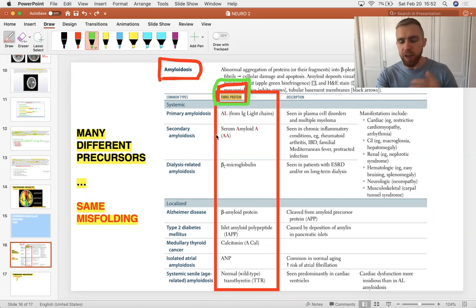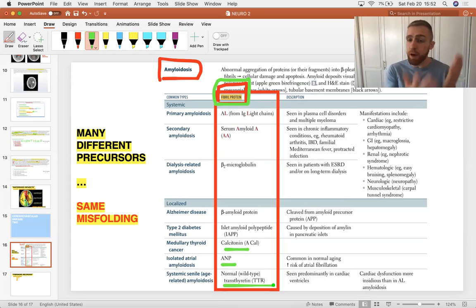What that means is that different proteins can misfold and give you amyloid, right? If calcitonin misfolds, it'll give you amyloid. If ANP, atrial natriuretic peptide, misfolds, that can give you amyloid. Maybe it's transthyretin, which has to do with the thyroid. Maybe that misfolds and gives you amyloid.